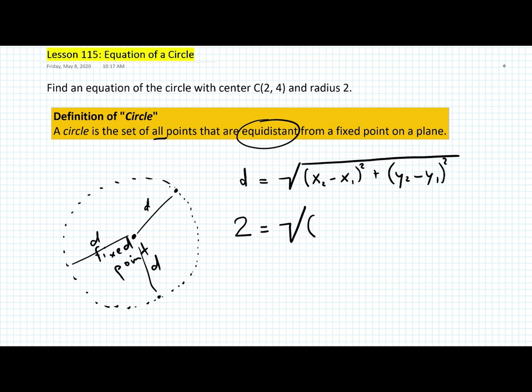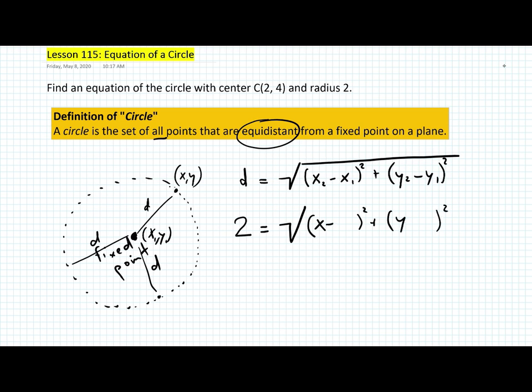x2 minus x1. Well, the center we can call the coordinate (x1, y1). Any point on the circle would be some point (x, y), or the (x2, y2).